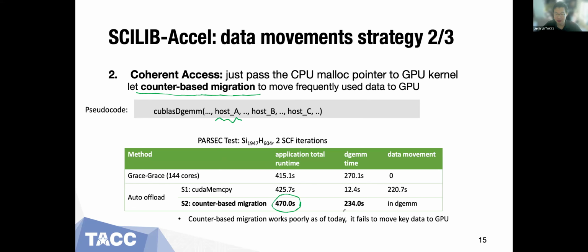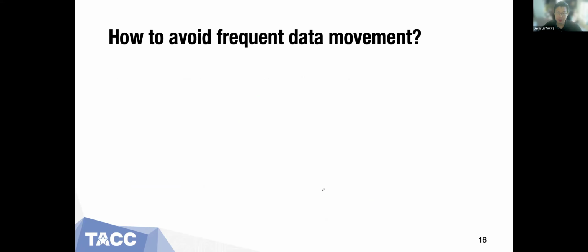And your total DGEMM time, because now we don't explicitly do the data transfer, all the transfer time is embedded into the matrix multiplication time, is 234 seconds. So that works really poorly. How can we make automatic offload really work? And how do we avoid frequent data movement?